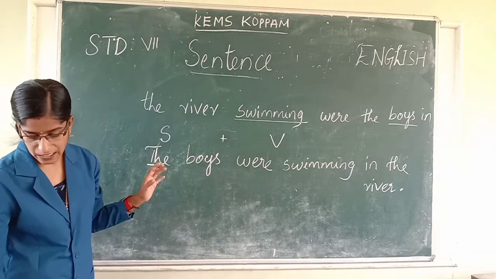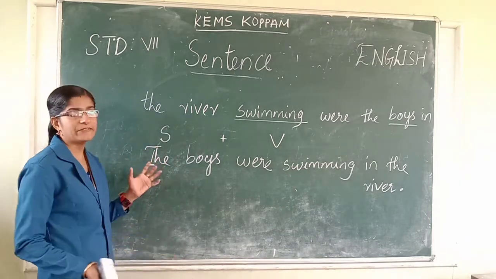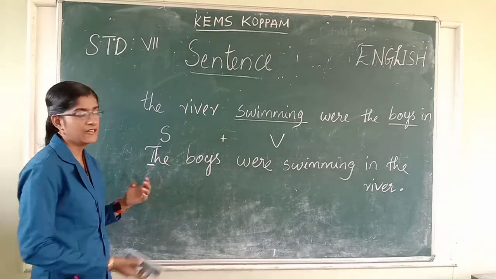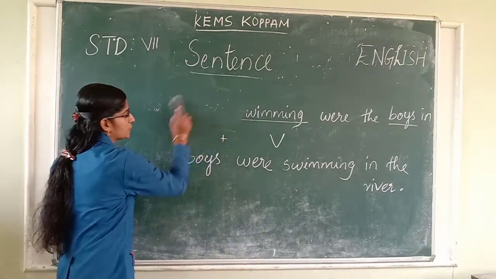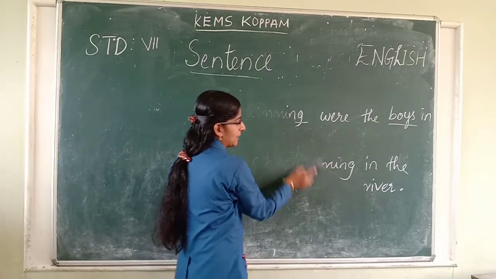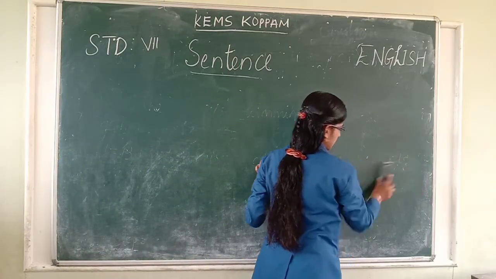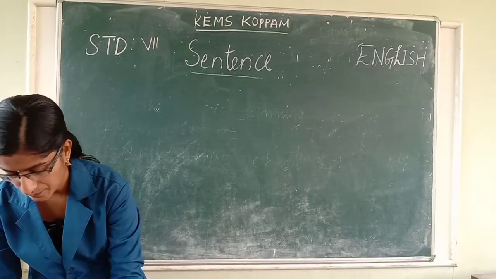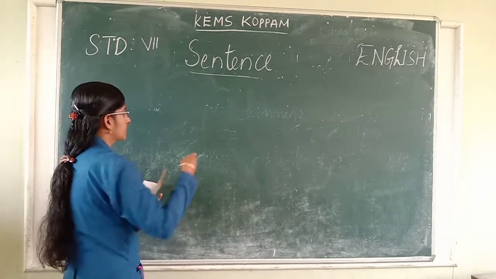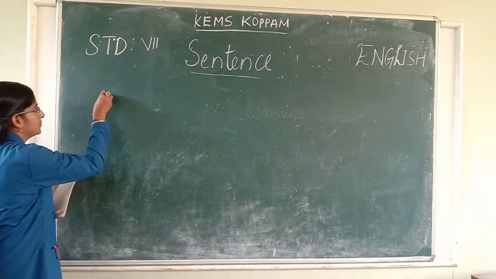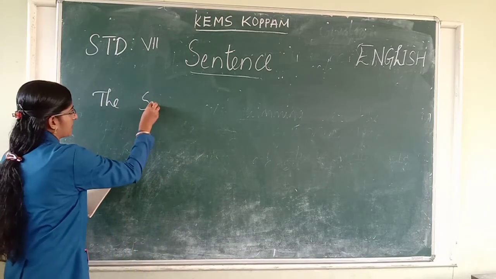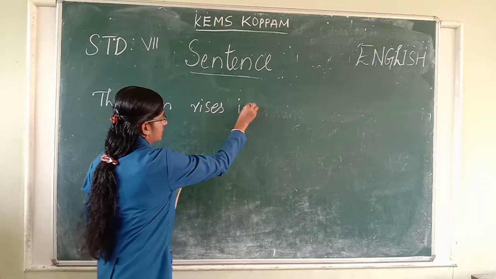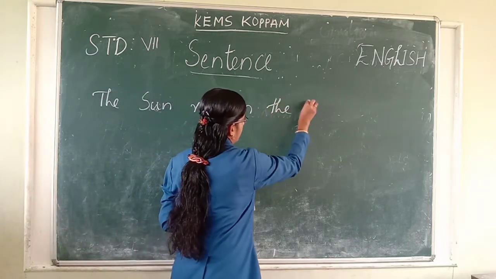Okay, now we have different types of sentence. Mainly there are 4 types of sentences. Now we are going to deal with the 4 types of sentences. So for that, look at the board. I'm going to write 4 sentences. The sun rises in the east.